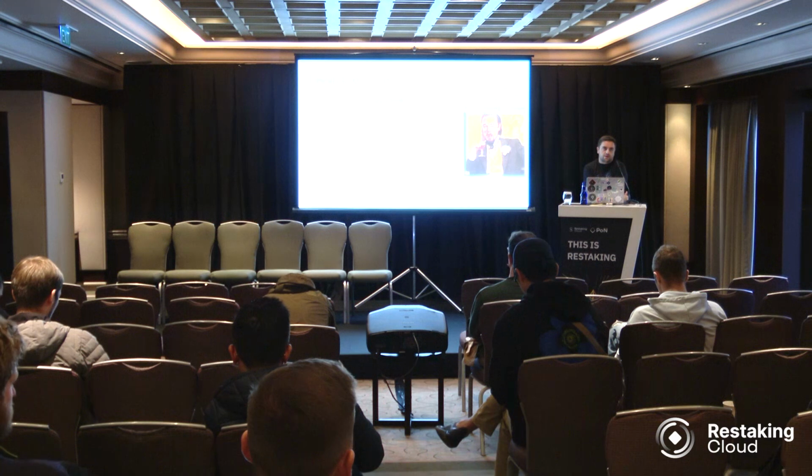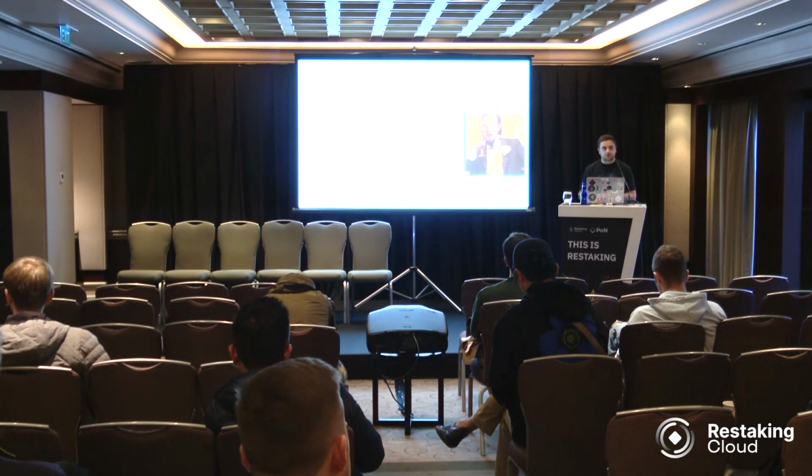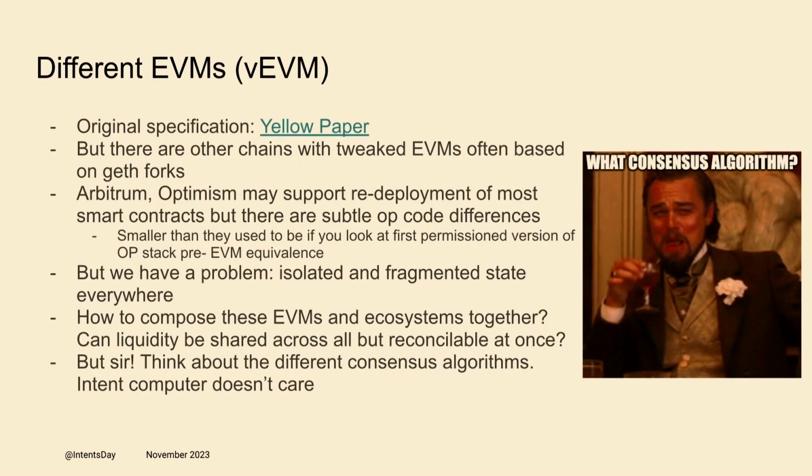But as users using various applications in a multi-chain context, we are having to break the state to go from one chain to another. We're having to give up state on one chain and create new state on another chain that is completely isolated and separated, and you have fragmentation and associated problems with that.